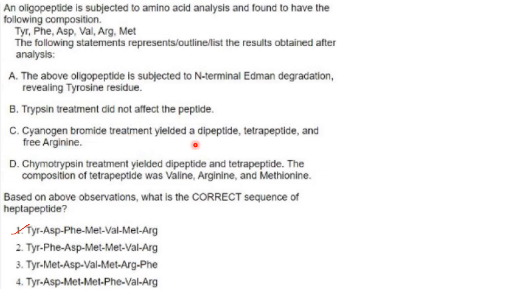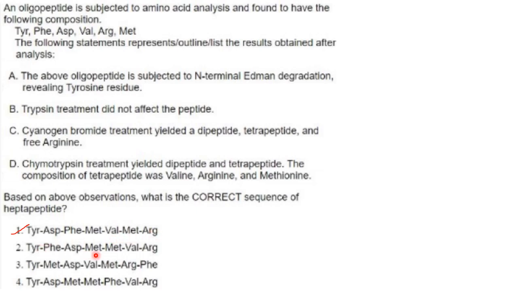Cyanogen bromide treatment yielded a dipeptide, tetrapeptide and free arginine. So cyanogen bromide cleaves the carboxyl terminal of methionine residues. So first one, if you see, it will cut here 1 and then 2. So you will get a tetrapeptide, a dipeptide and a free arginine. 1 is correct.